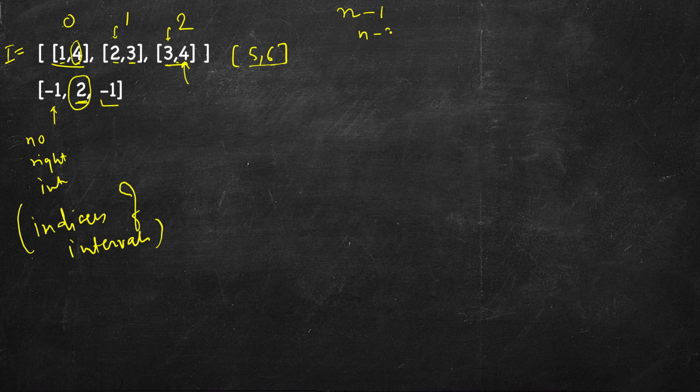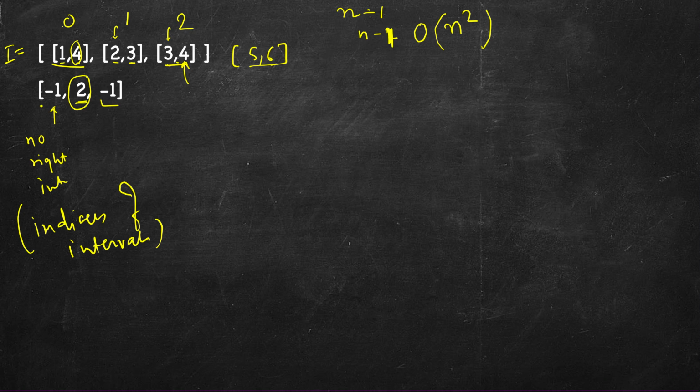Second one, n-2 comparisons. Or in fact, these are not sorted, so every time we will have n-1 comparisons. We have to compare with everything. So in total, we have n times n-1, that is n square. So that algorithm will work, but it will be O of n square.